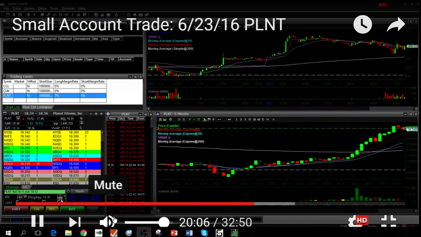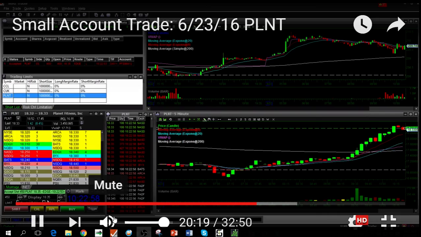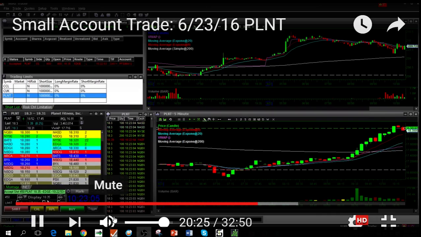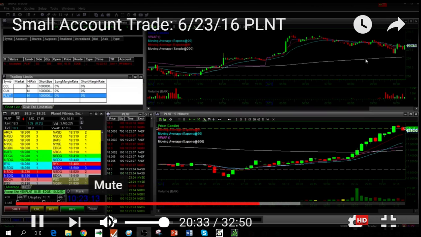And really, one of the big reasons I'm taking this trade is because I want to demonstrate some of the emotions that you're going to run into. Even though this really isn't ideal, I'm right at the minimum, really, of being able to make a decent profit. So this is an iffy trade.